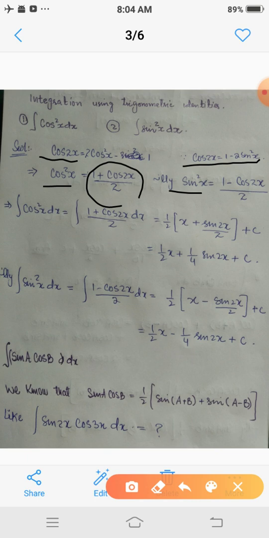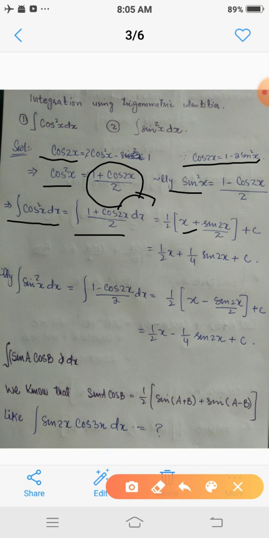Hence, the given integral, integral of cos square x dx, becomes integral of (1 plus cos 2x) upon 2. Now we can easily integrate this, because 1 by 2 is a constant, it comes out. Now we have 1, its integration is x. Integration of cos 2x is sine 2x, then we divide by the derivative of the angle with respect to x, which is simply 2.